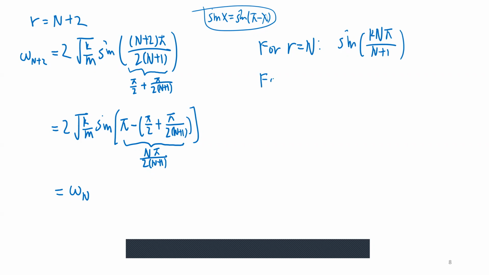For r equals n plus 2, the kth element of the eigenvector would be, so I'm just skipping the factor of a here.